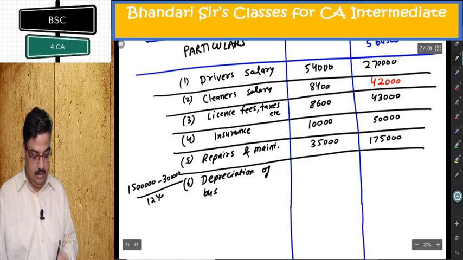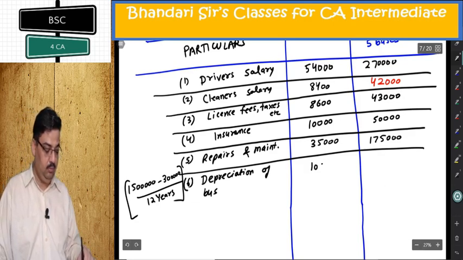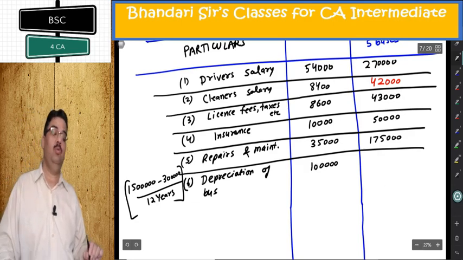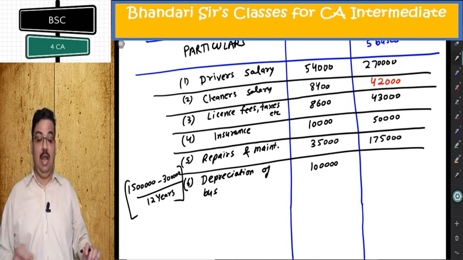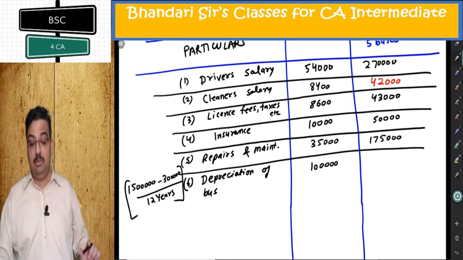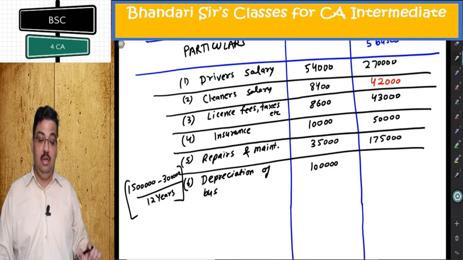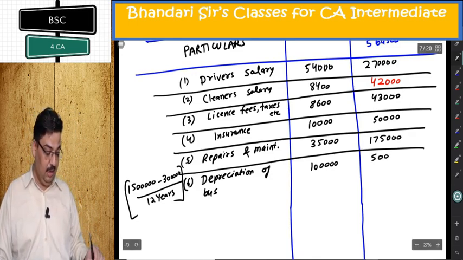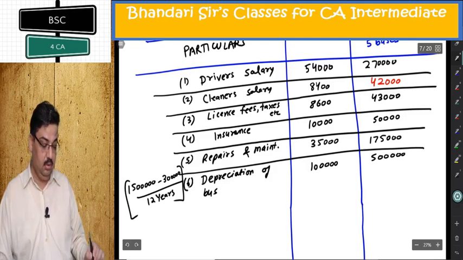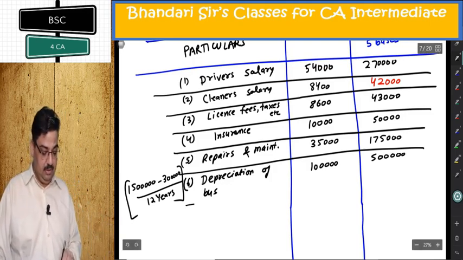Divide by 12 years. Annual cost 1 lakh. Depreciation is 1 lakh. 15 lakh is basic cost for each bus. Scrap is 3 lakh for each bus. And life is 12 years. So I am getting 1 lakh here and 5 lakh in fleet of 5 buses.